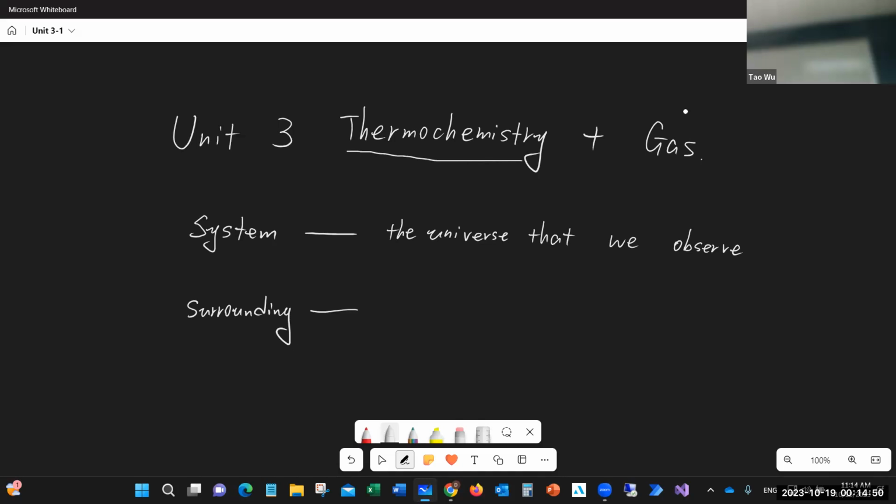The surroundings are the rest of the universe other than the system.